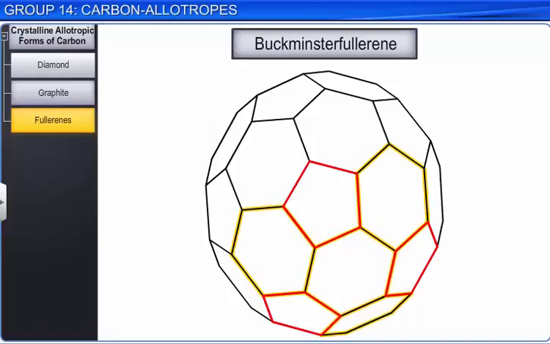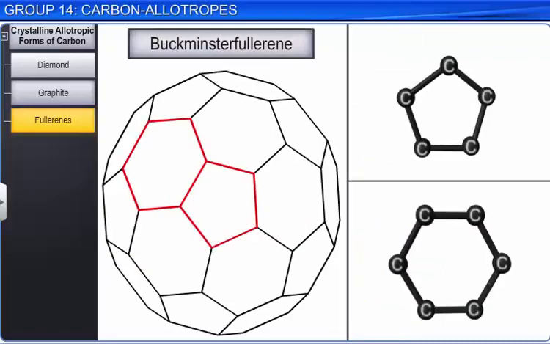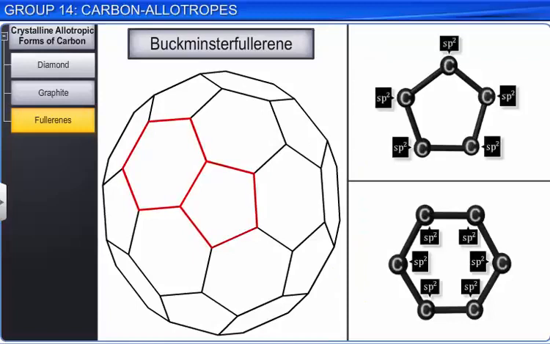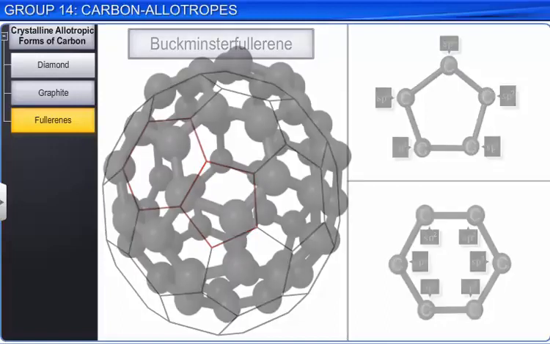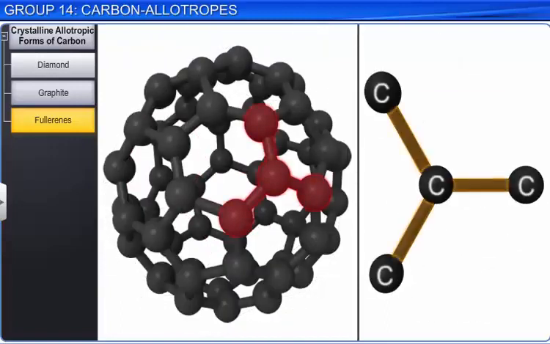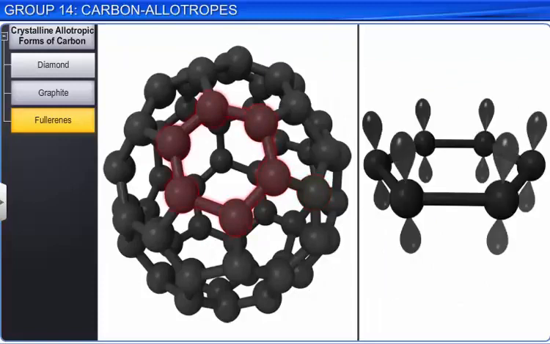All the carbons in the Buckminsterfullerene molecule are sp2 hybridized. Each carbon atom forms 3 sigma bonds with its 3 neighboring atoms. The remaining electron in each unhybridized p orbital of carbon is delocalized in molecular orbitals, giving aromatic character to the molecule.